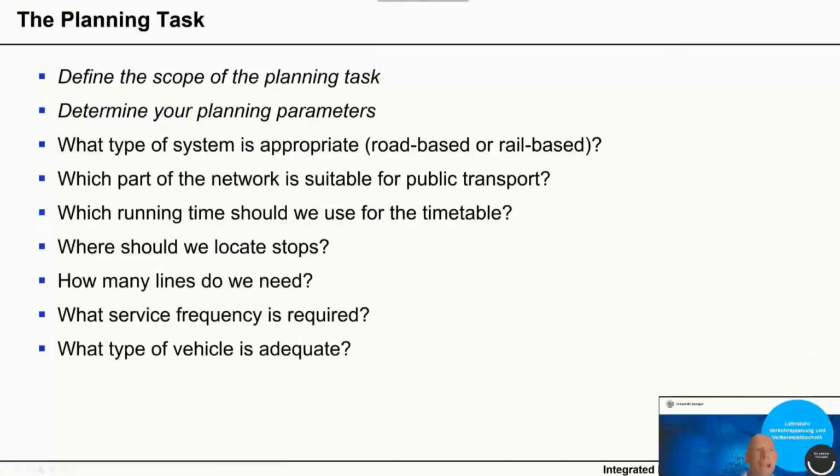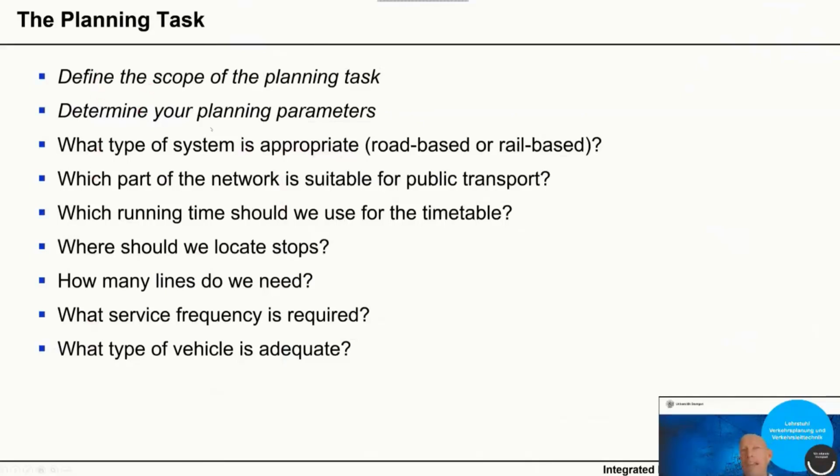Now, yesterday I showed you those questions. The planning task, what kind of system is appropriate, and so on. I added for today 2 additional tasks.